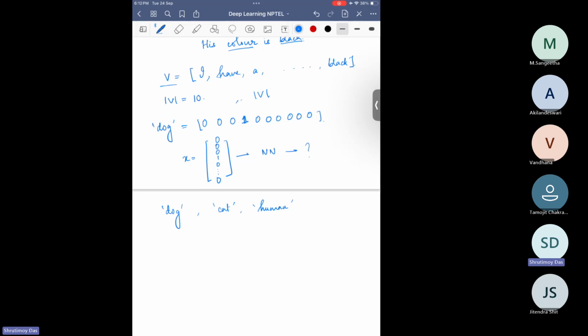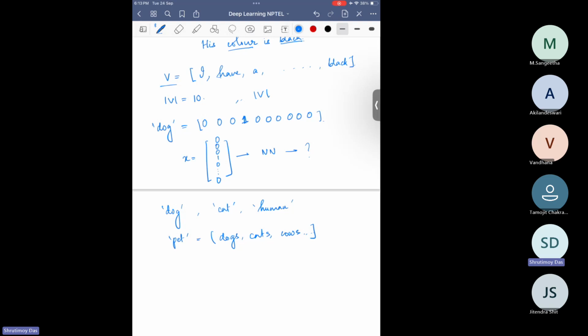Because when we see the word pet, there are only a handful of pets that humans keep. The set of pets may be dogs, cats, cows, and so on. So that means dogs and cats must be similar in the sense that both of them are a type of animal known as a pet.